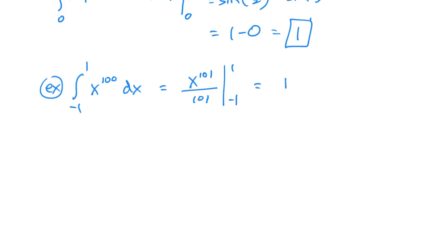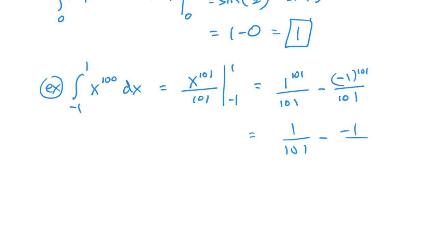So we get 1 to the 101 over 101 minus, it's automatically a minus, right? F of b minus f of a, minus negative 1 to the 101 over 101. So this is 1 over 101 minus, well, this is negative raised to an odd power. So the answer to this is going to be negative 1.